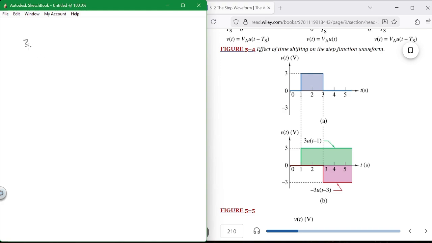This would be 3 U of t. The left side is plus, so I wrote that wrong. This is t minus 1. So here this would be minus 1, and this would be minus 3 U of t minus 3, Ted.